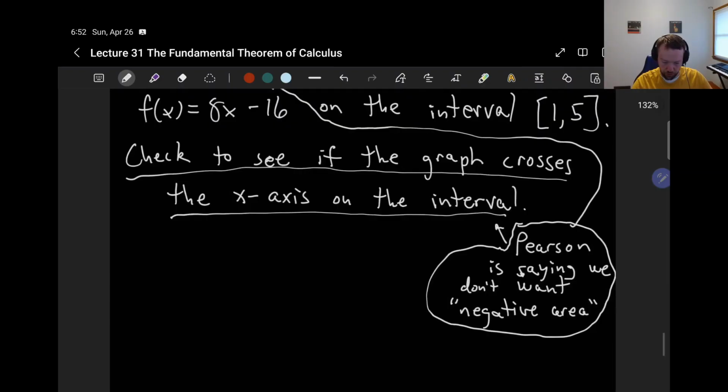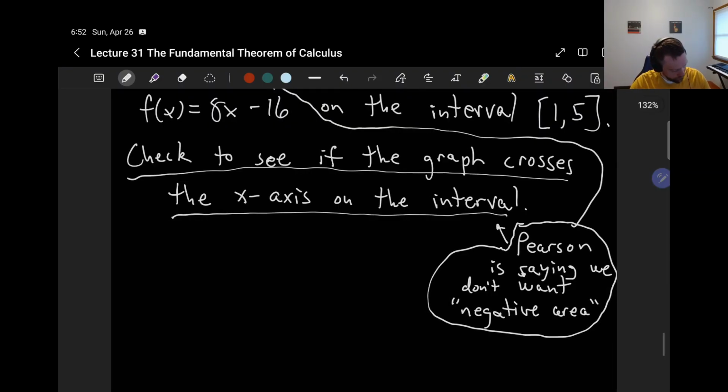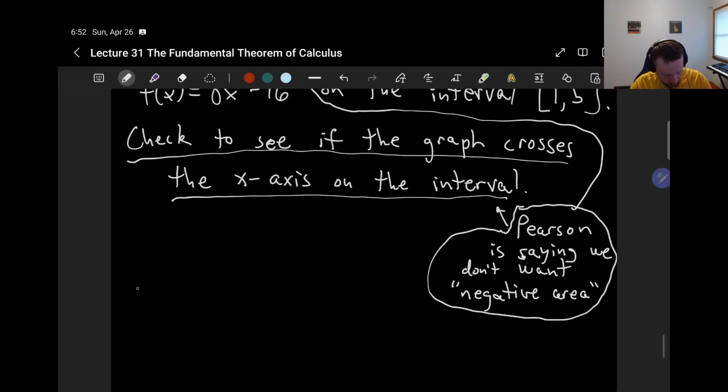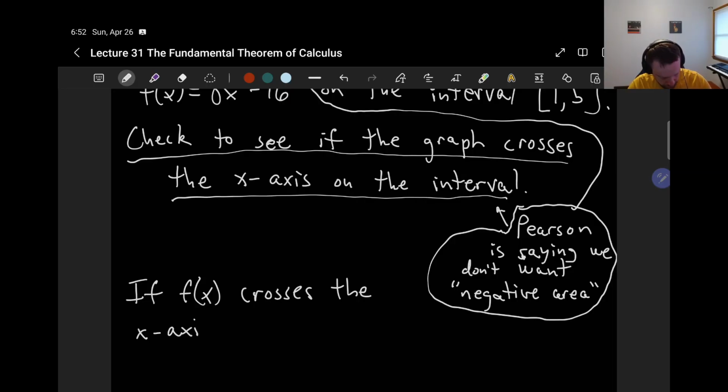And that will be that crucial, important point. So if f of x crosses the x-axis, it will be when y is 0.